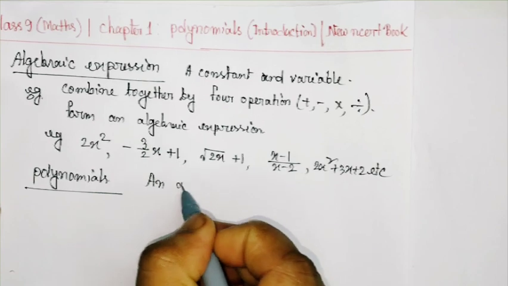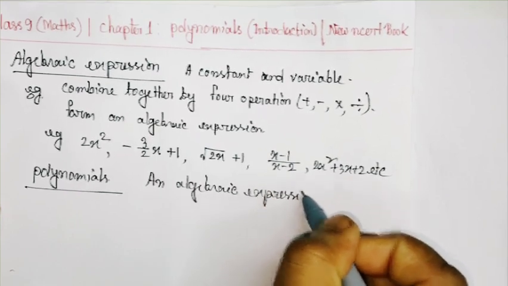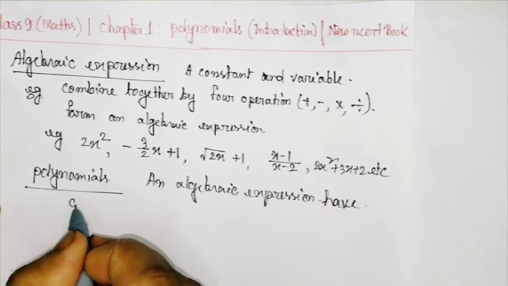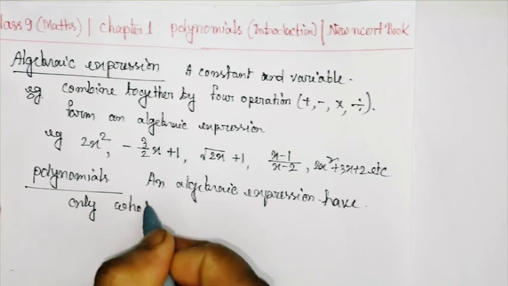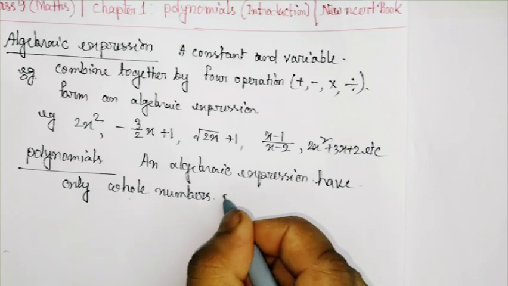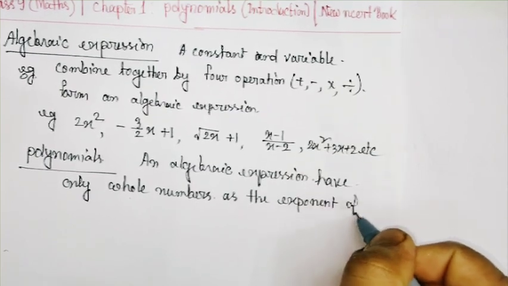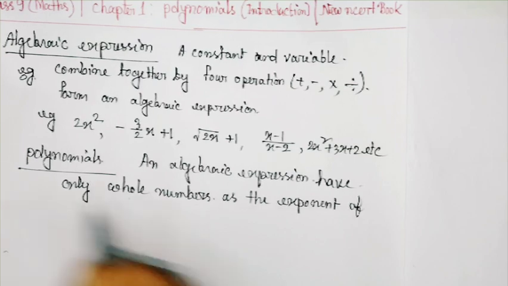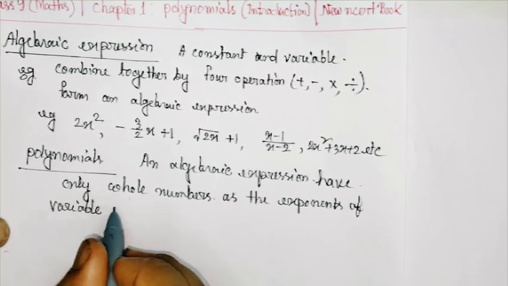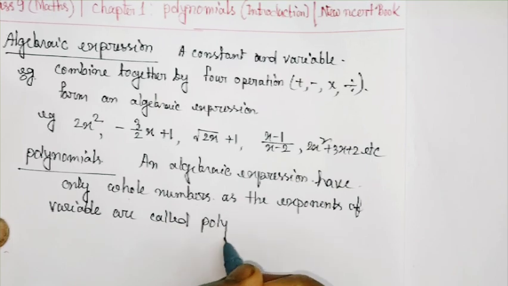Now, polynomials. An algebraic expression having only whole numbers, that means non-negative integers, as the exponents of variable is called a polynomial.